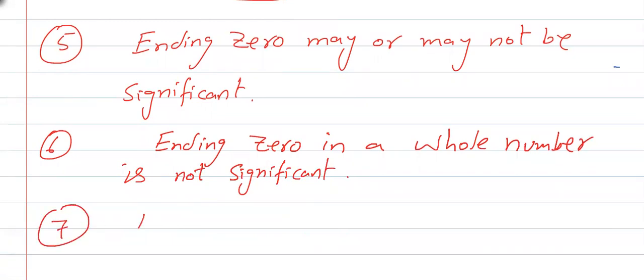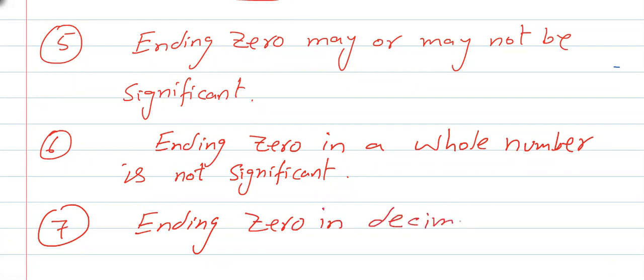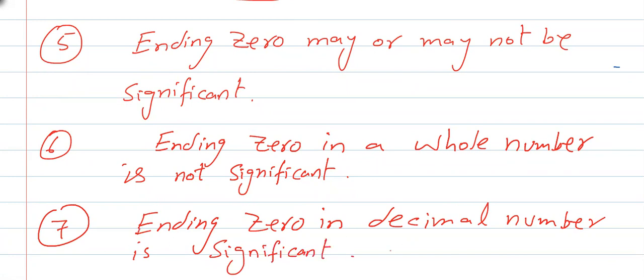But ending 0 in a decimal number is significant. If the ending 0 is in the decimal number, it will be significant, but if it is in the whole number, it will not be significant.